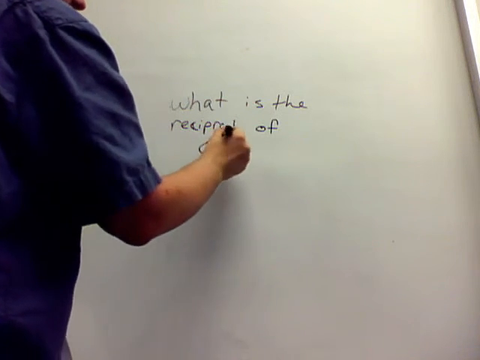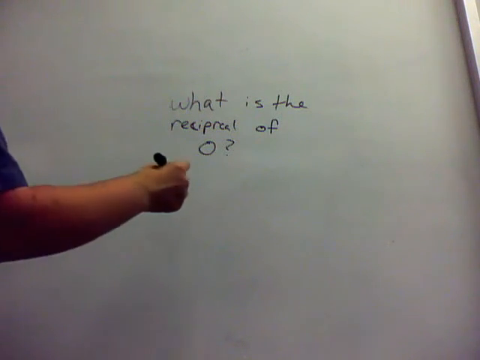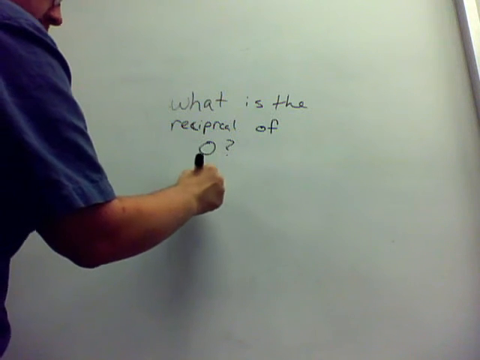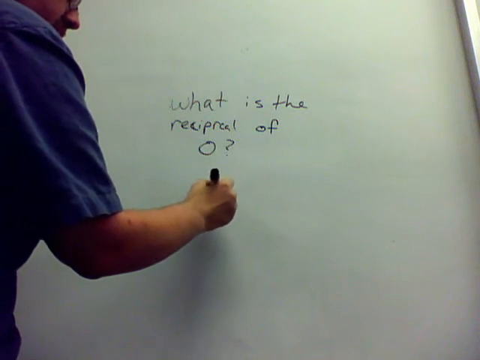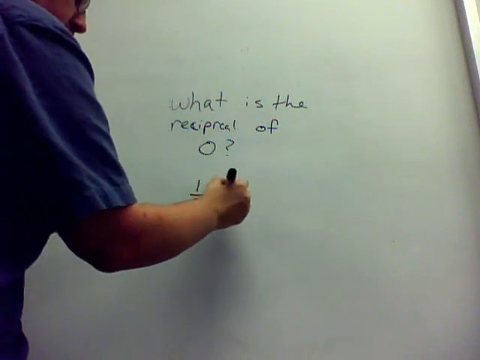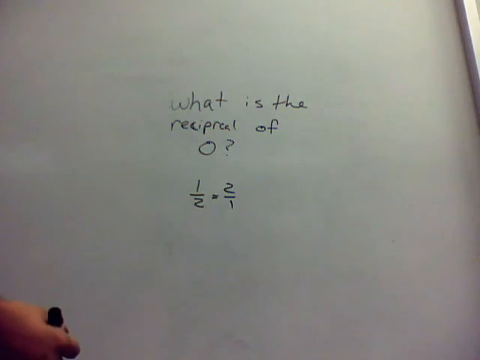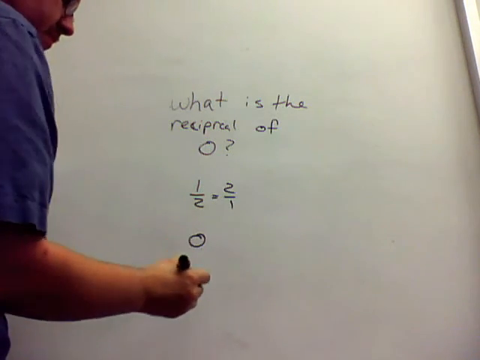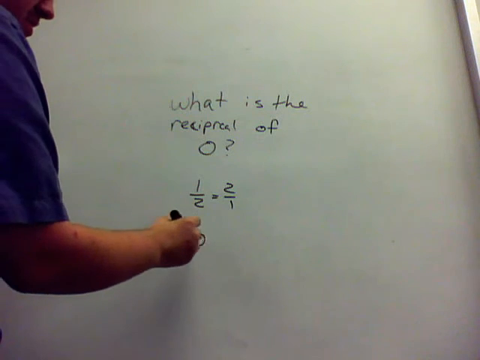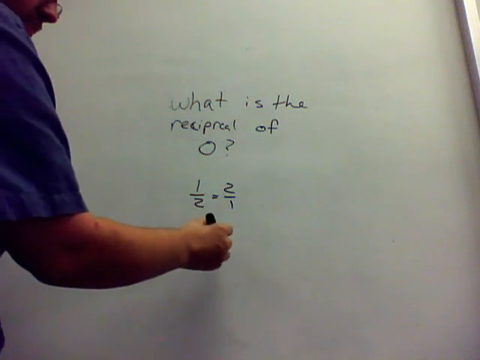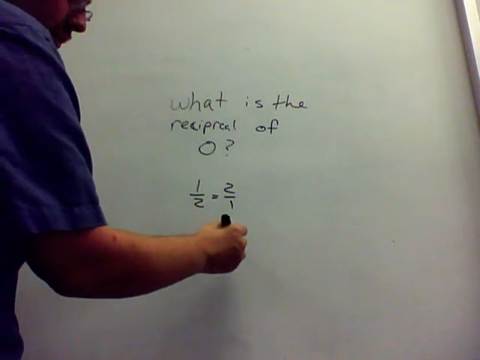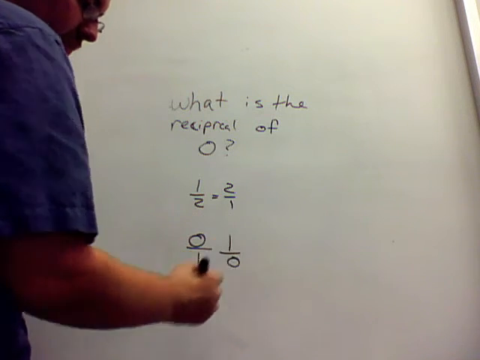Now, some of you might already know this, but reciprocal means it's the multiplicative inverse, meaning that you flip it. So if we had 1/2, the reciprocal is 2/1. So if we had 0, let's just say 0/1, the reciprocal of that would be 1/0.